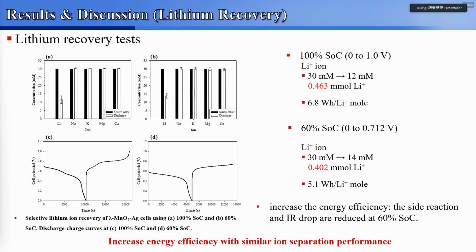From this data, the energy consumption of 60% SOC is 5.1 watt-hour for one mole of lithium recovery, and you can check the increase in energy efficiency is caused by the side reactions and IR drop being reduced at 60% SOC control.